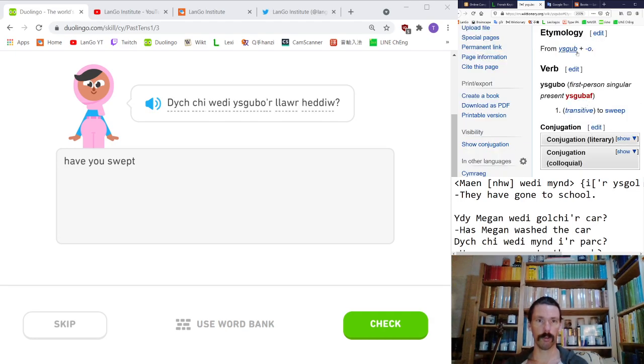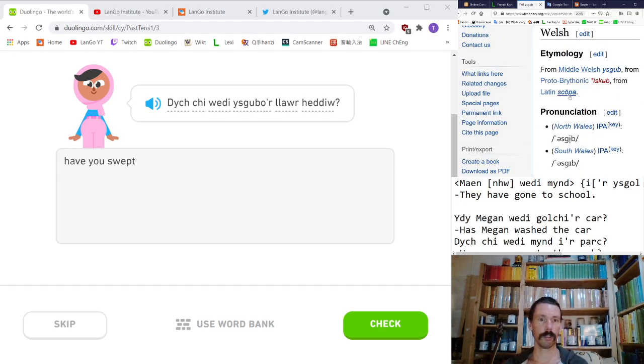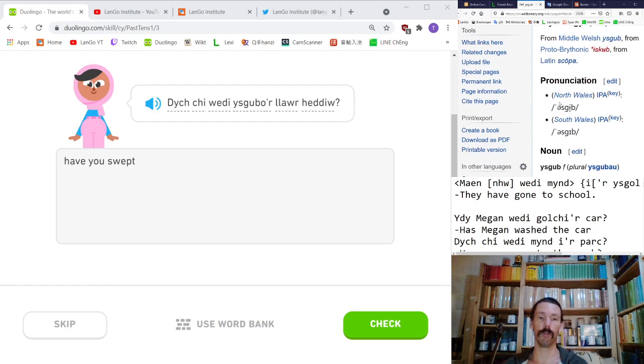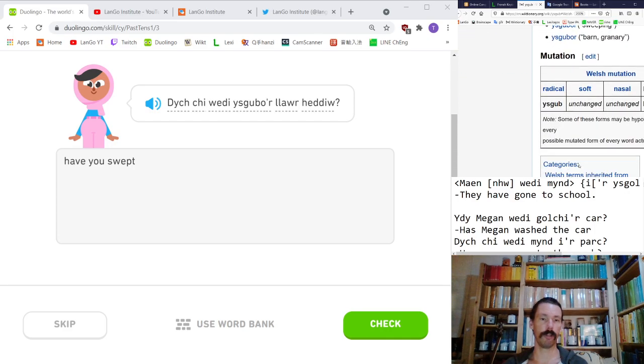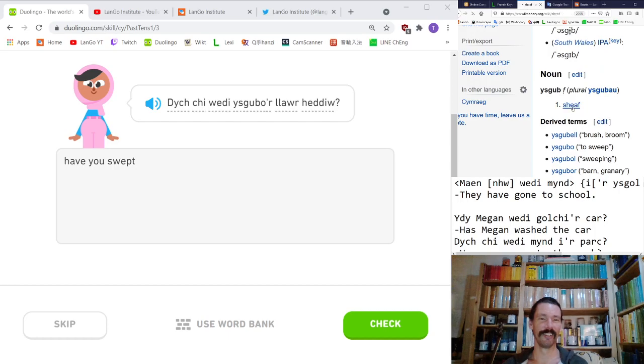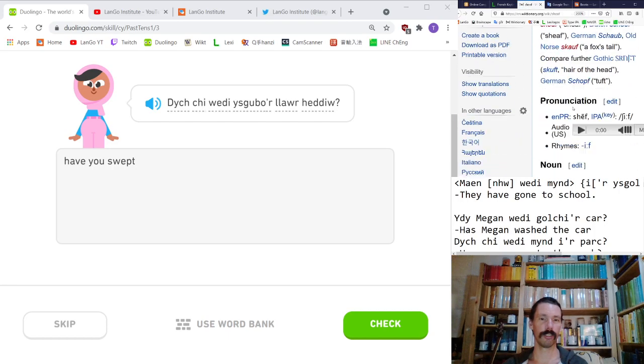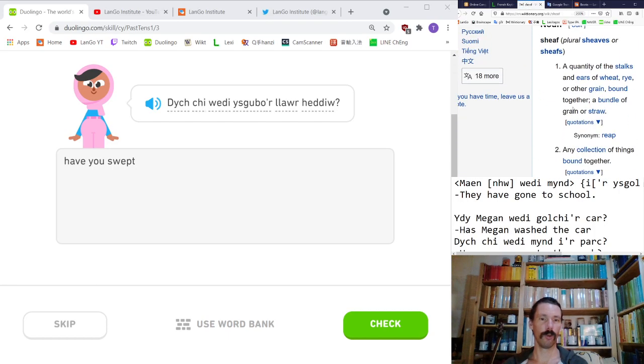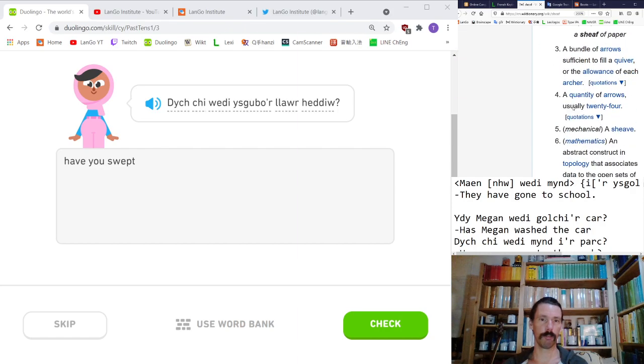Etymology. Scopa. There it is. So Escobar, with the voicing of the P, broom maker. Sheaf. What is a sheaf? A quantity of stalks, a collection of things bundled together.